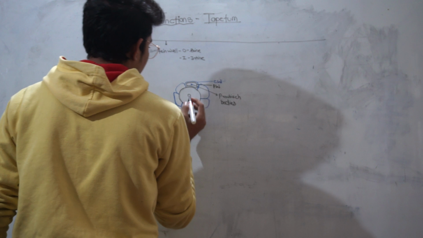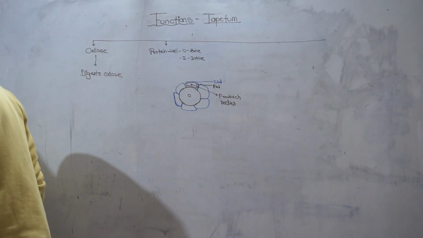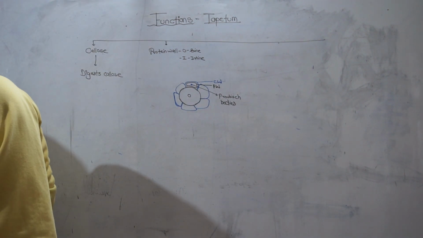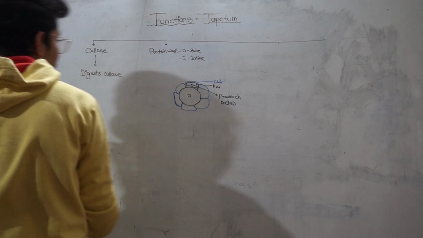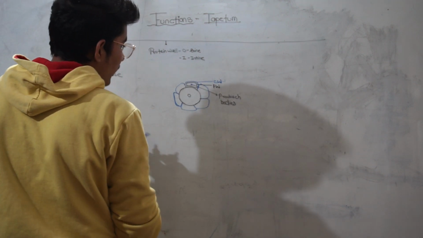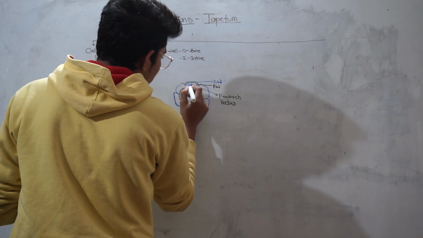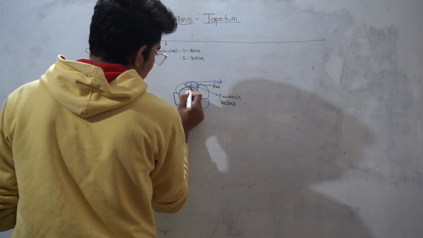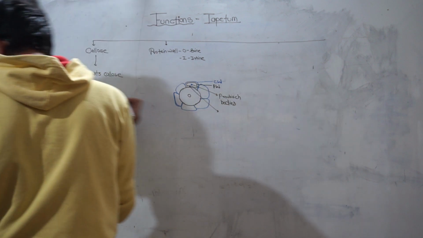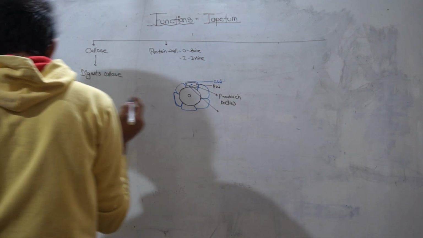And if this pollen grain comes outside the protein wall, then this is known as sporopollenin.